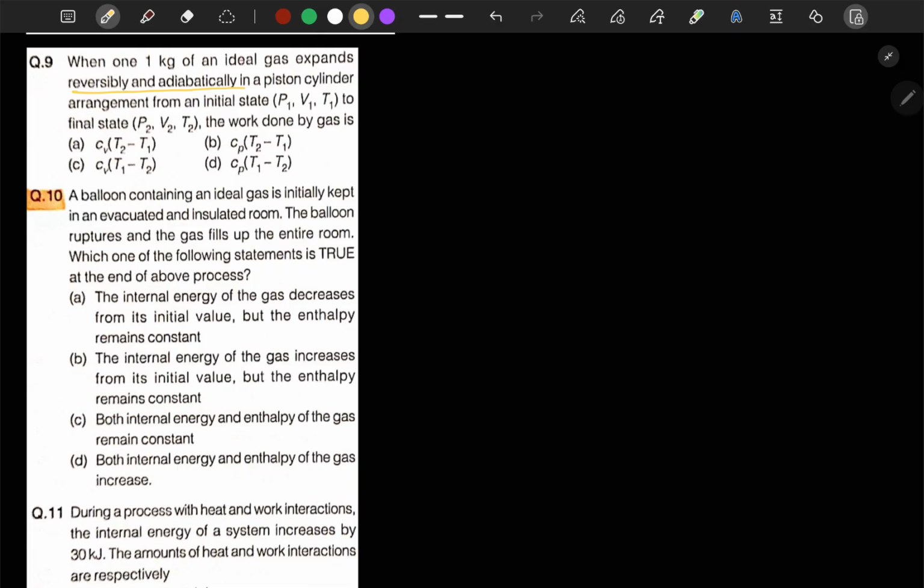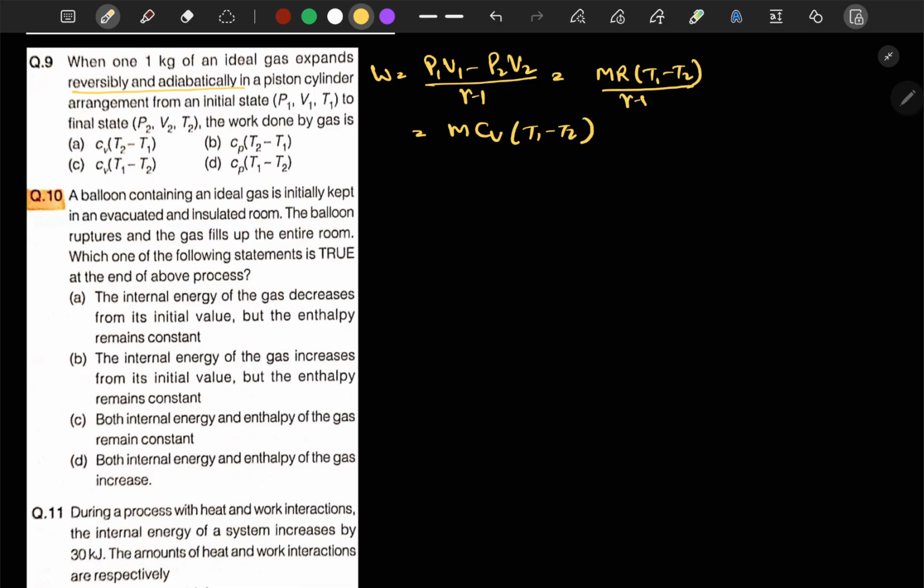For this case, the work done is given by P1 V1 minus P2 V2 by gamma minus 1, and we can write P1 V1 as mR T1 minus T2 by gamma minus 1. But R upon gamma minus 1 is equal to Cv, so it becomes m Cv into T1 minus T2. Since it is 1 kg, m is equal to 1, and we obtain Cv into T1 minus T2. Option C is correct.